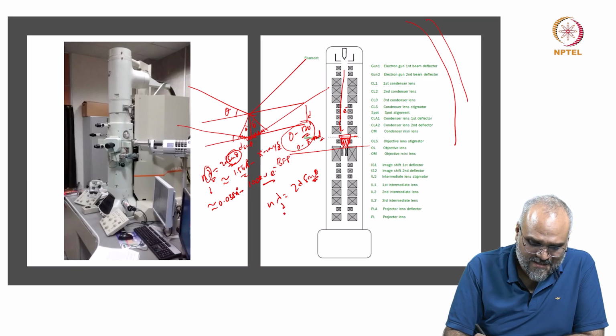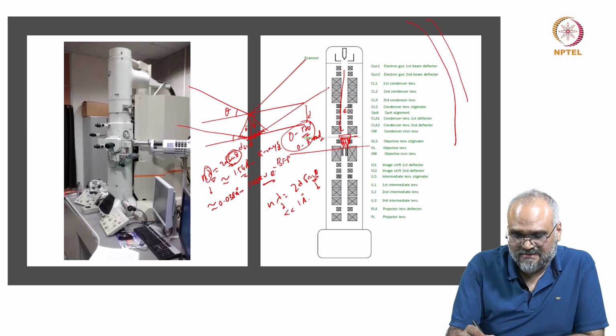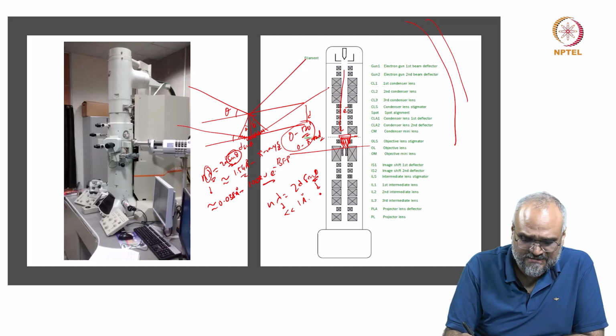When my lambda is much less than 1 angstrom, my theta, which in X-ray diffraction is in the order of a few radians, drops significantly lower.